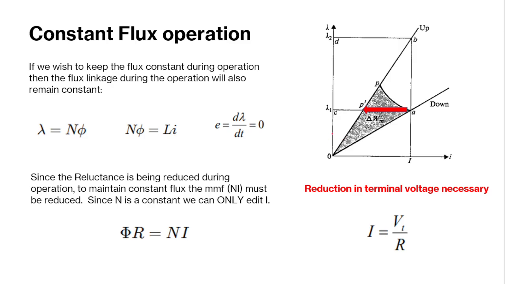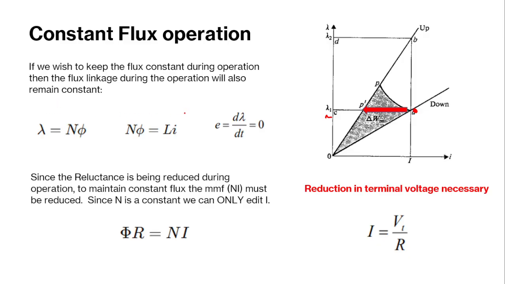Right, so the next operation is the constant flux operation. Just like before, you're starting from A, but now the current is changing for sure. But the initial flux at A stays the same, which is why they say constant flux. If you wish to keep the flux constant during the operation, the flux linkage will also remain constant.